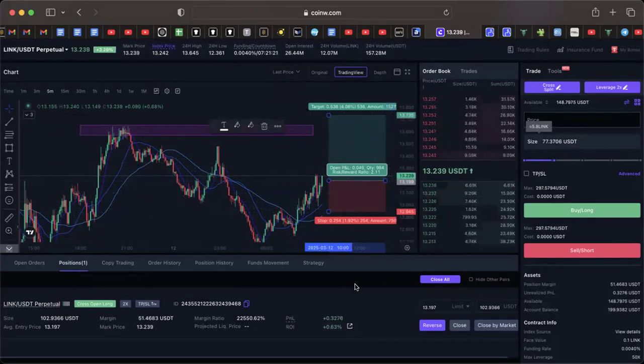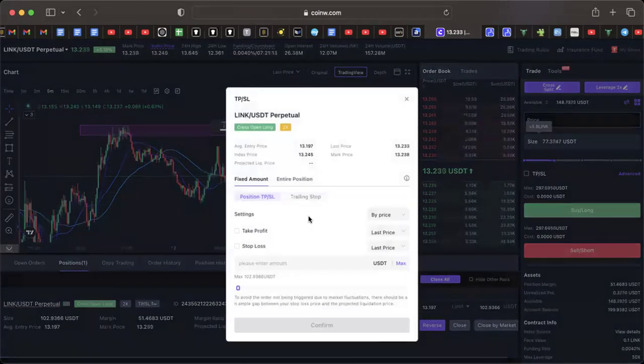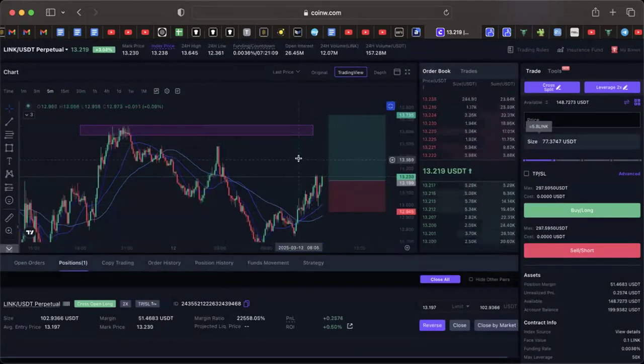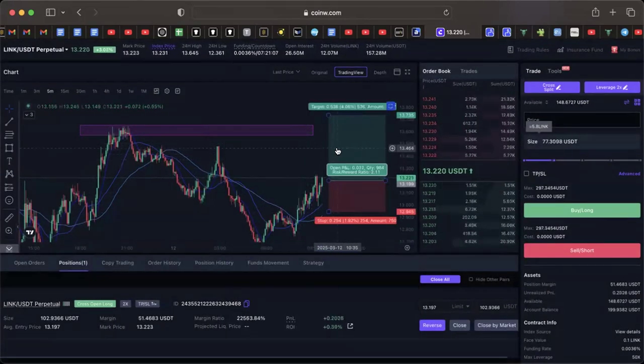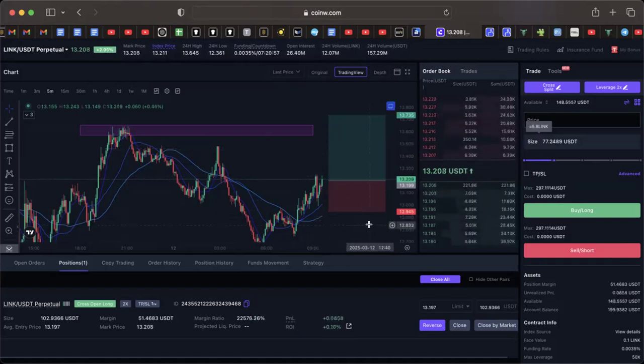So that means my stop loss is 12.945, right? 12.945. So I'm going to click. So the take profit is what? The take profit is 13.735. 13.735.